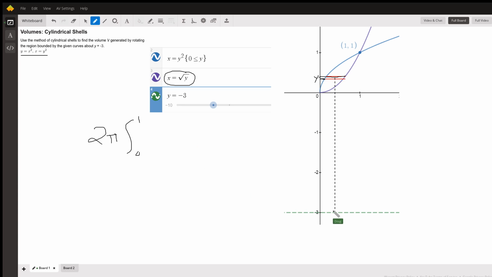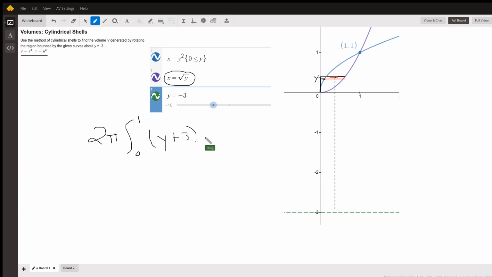Using cylindrical shells, we need the average radius, which is the distance between the center of the shell and the axis of revolution. So this little distance is y, but we want the distance from here to -3. That's going to be y minus a -3, y plus 3.